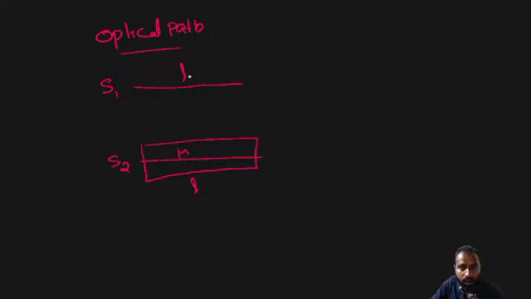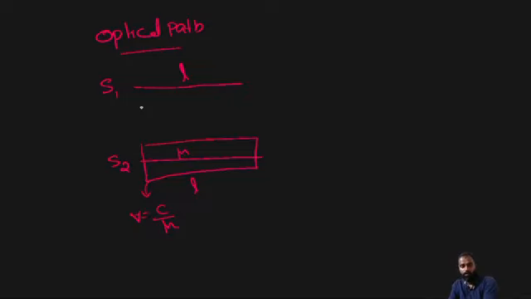Okay, so at a time t, the velocity will be v is equal to c by mu. In this medium the light is traveling, and in these two different ways light is traveling.